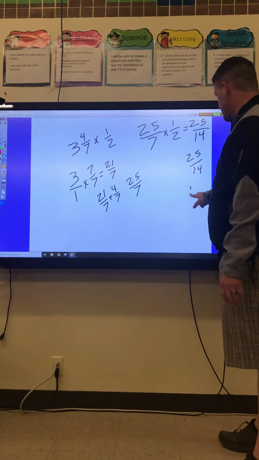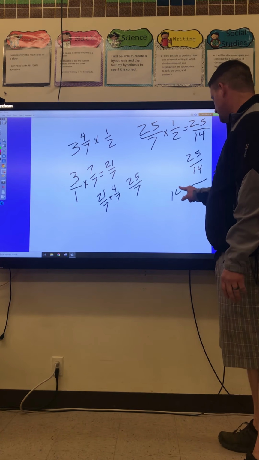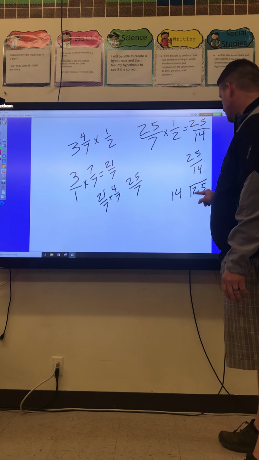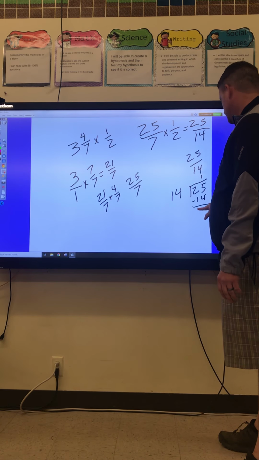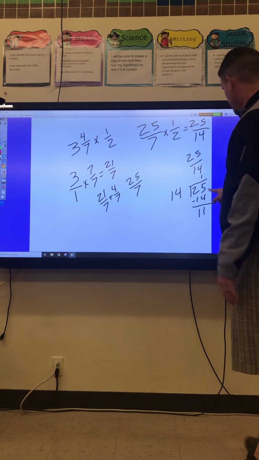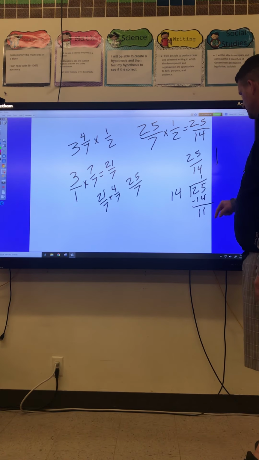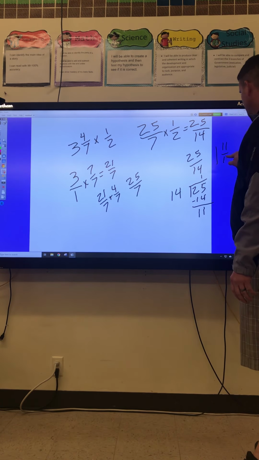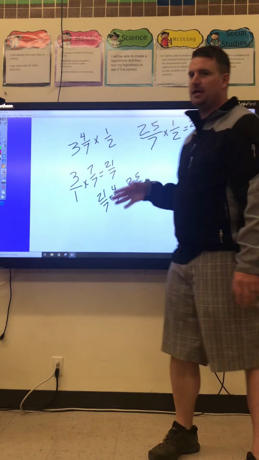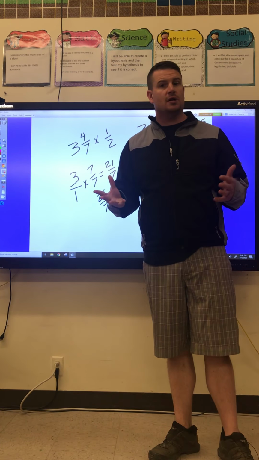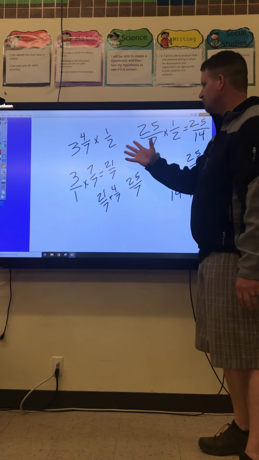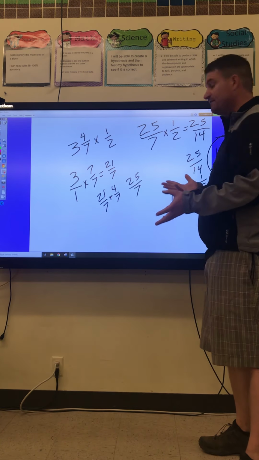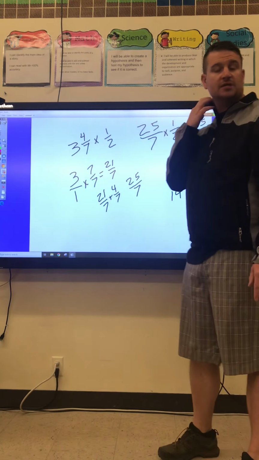So I'm going to divide 25 by 14 here. It goes in once. I have 11 left. So now I would have 1 and 11 fourteenths. I can't reduce that. 11's a prime number. We're good to go. So then our answer would be 1 and 11 fourteenths. So 3 and 4 sevenths times 1/2 is 1 and 11 fourteenths.